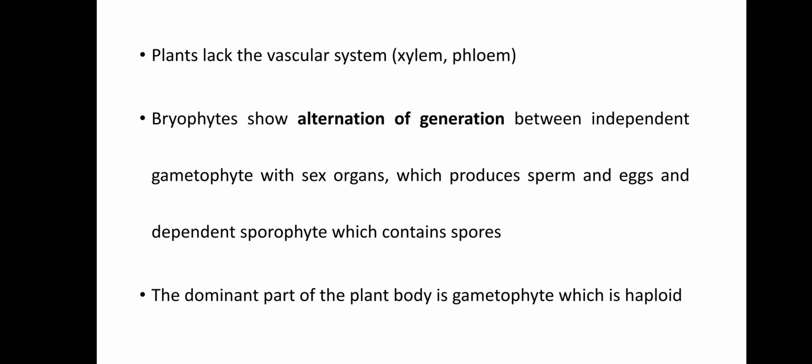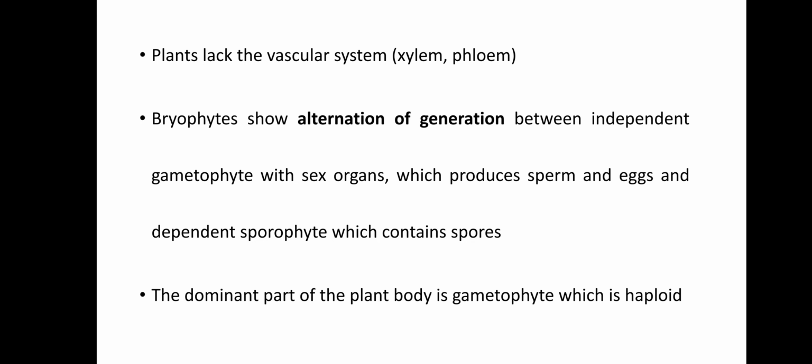Bryophytes show alternation of generation between an independent gametophyte with sex organs which produce sperm and egg, and a dependent sporophyte which contains spores. That means the main plant body of the bryophyte is haploid, which is the next point: the dominant part of the plant body is the gametophyte, which is haploid. The main plant body of bryophytes is called the gametophyte, and it represents the gametophytic generation.